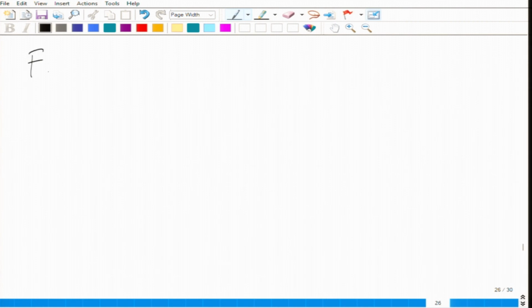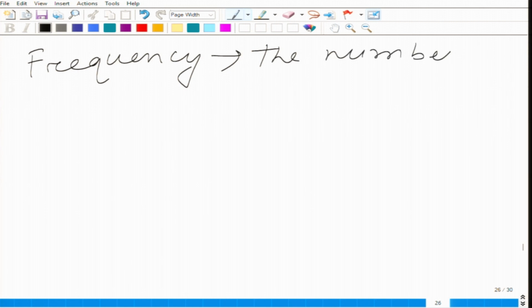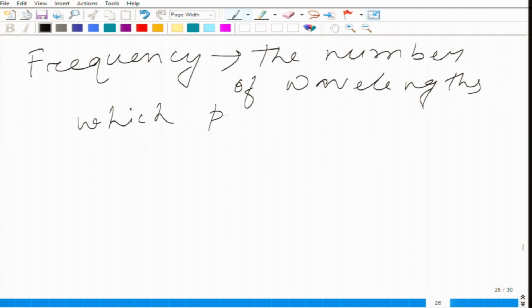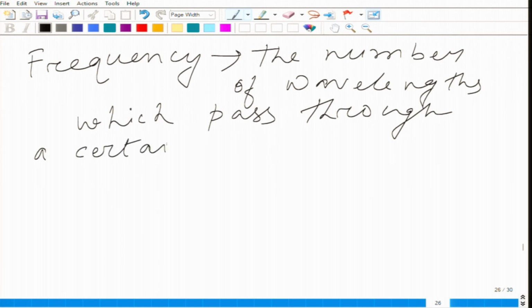Now, frequency. Frequency is the number of wavelengths which pass through a certain point in unit time.